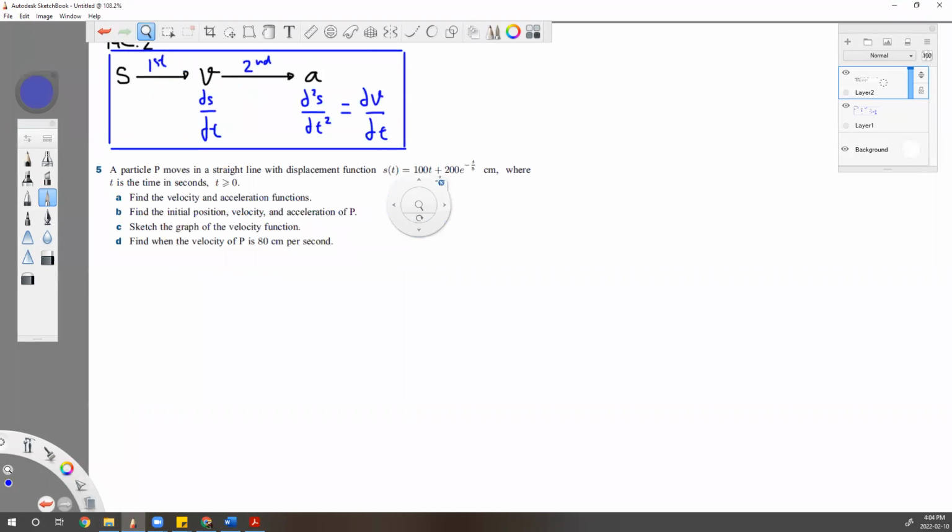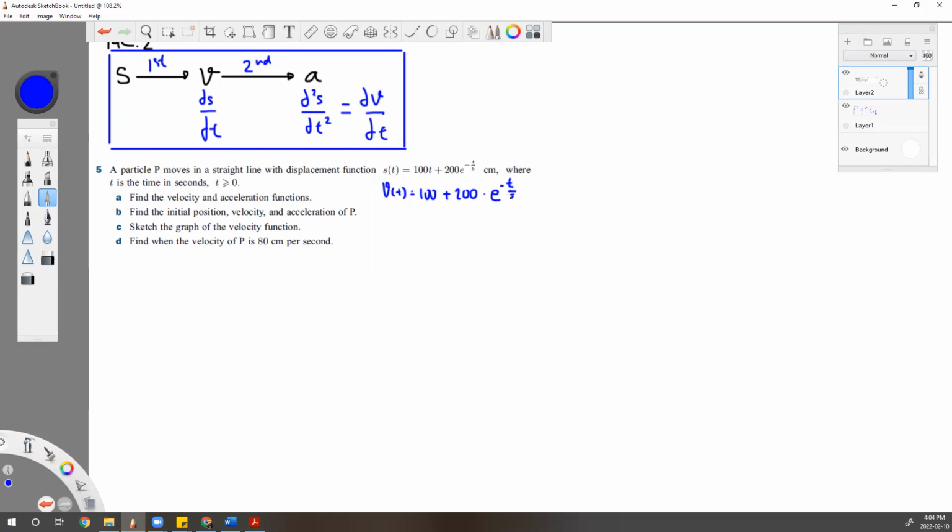Okay, now we have the function of position, displacement function or position function, up to you. So you can find v(t), right? The derivative of s, 100 plus 200 e to the power of negative t over 5. Remember, e is the natural number that if you derive it, it gets back to itself.